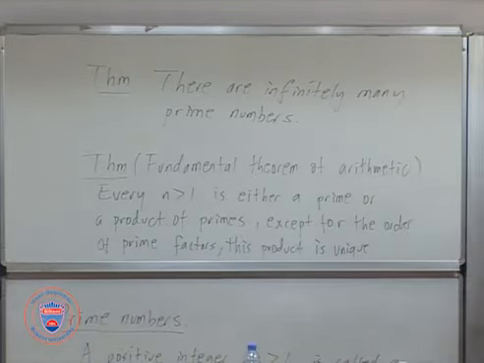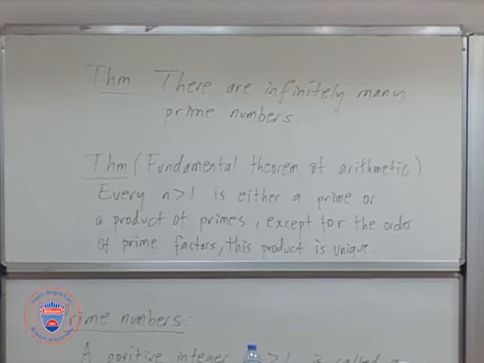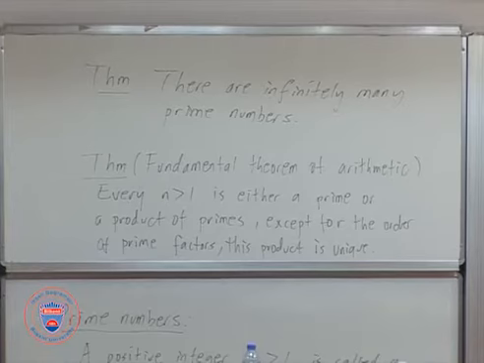But intuitively you know that all the numbers you can write are either themselves not divisible by anything, or if they're divisible by something, you can start writing them as a product of things. And then eventually you end up with a product of things that can't be written as a product of smaller things. The smallest piece you get is a prime number.